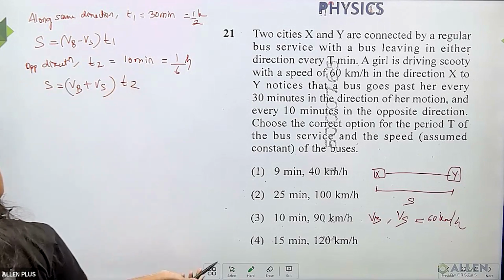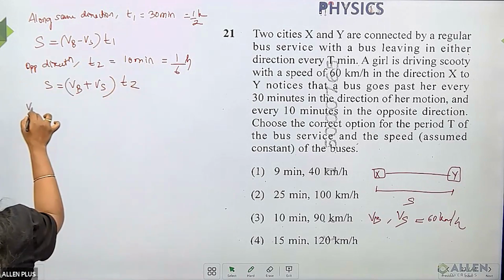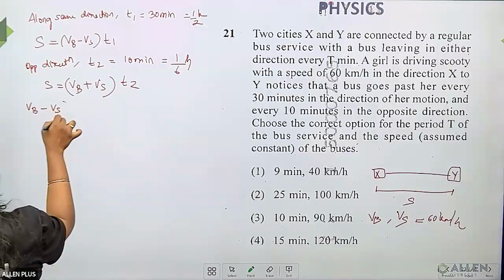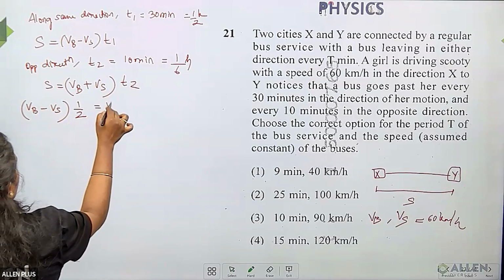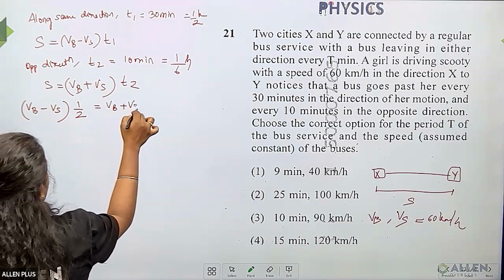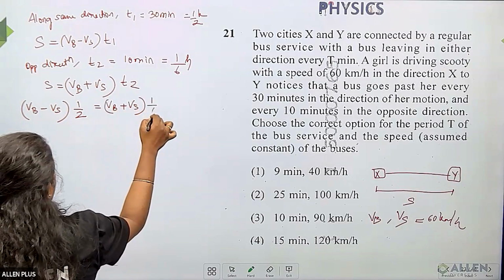Both are having the same distance, which means we can equate both of them. (VB minus VS) into 1 by 2 is equal to (VB plus VS) into 1 by 6.